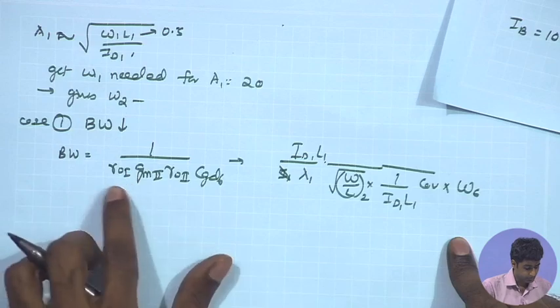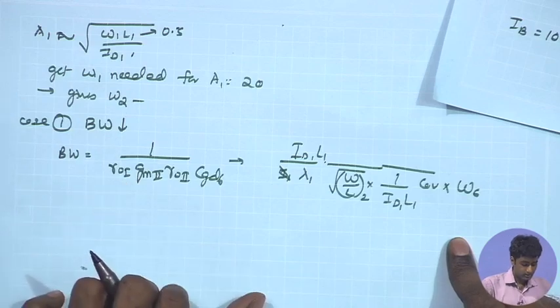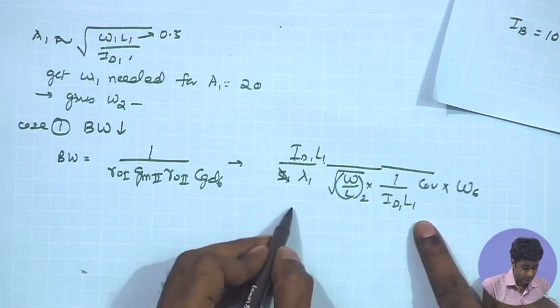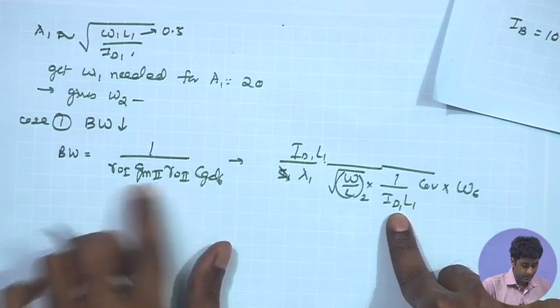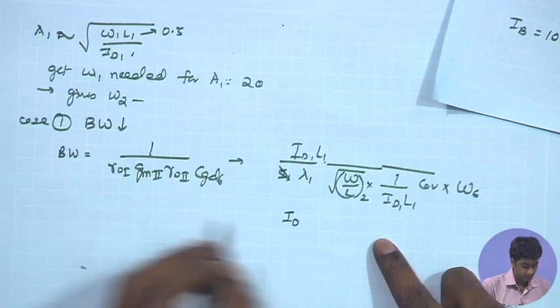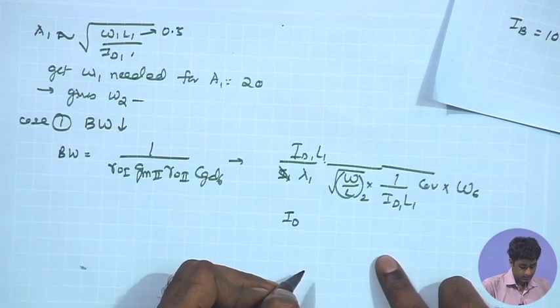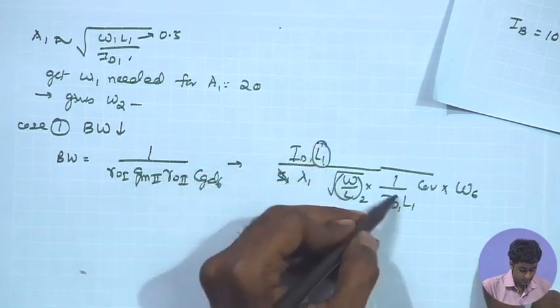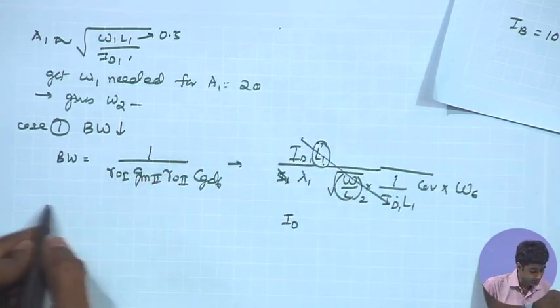If I look at the overall quantities here, the bandwidth dependence on ID is definitely pretty strong. I just messed this up, so let me write it down once again.